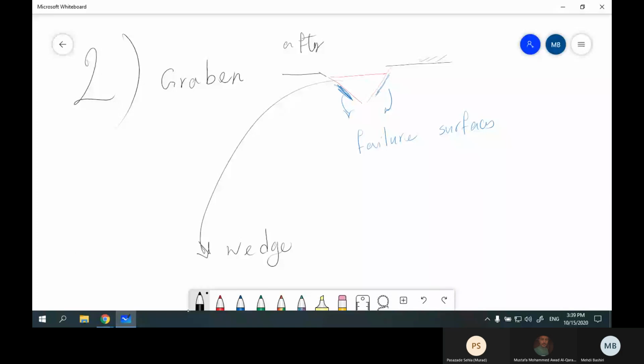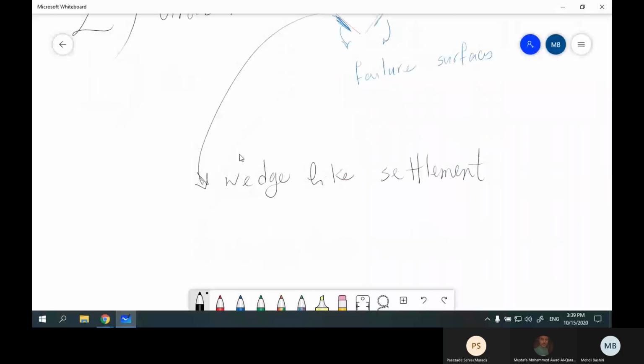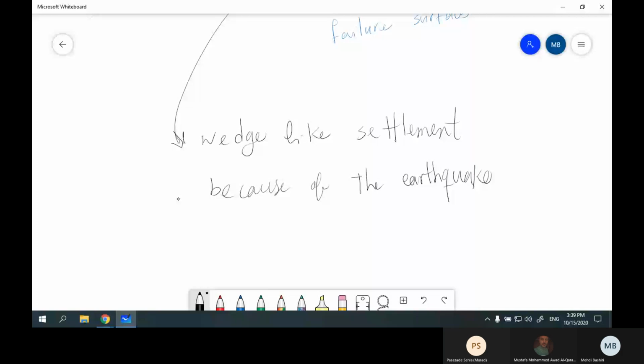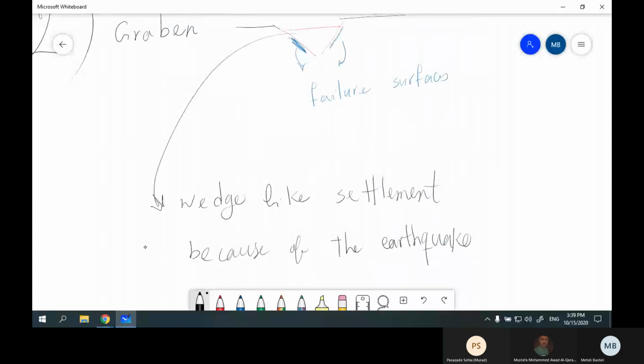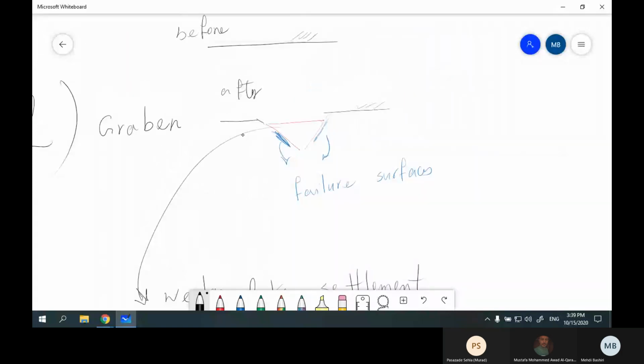So whenever you have a wedge-like settlement because of the earthquake, we call it graben. Again, we have a settlement type with the shape of a wedge.